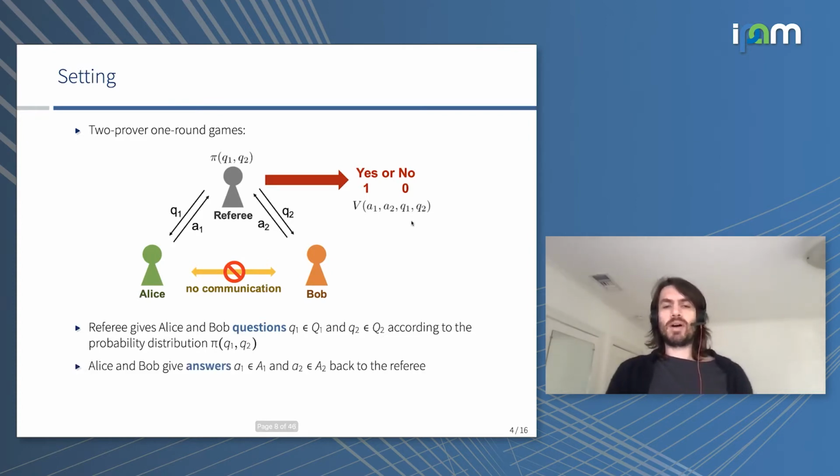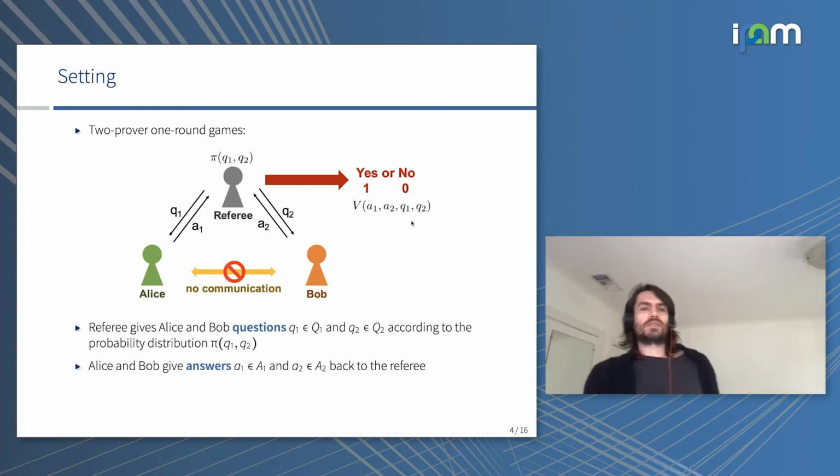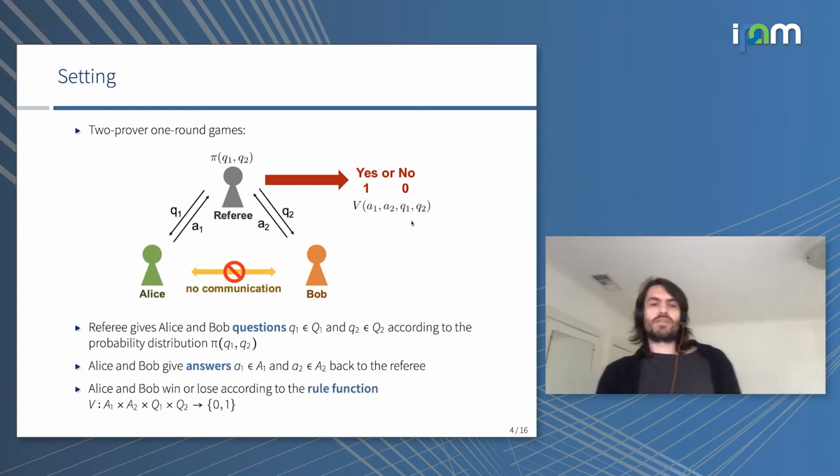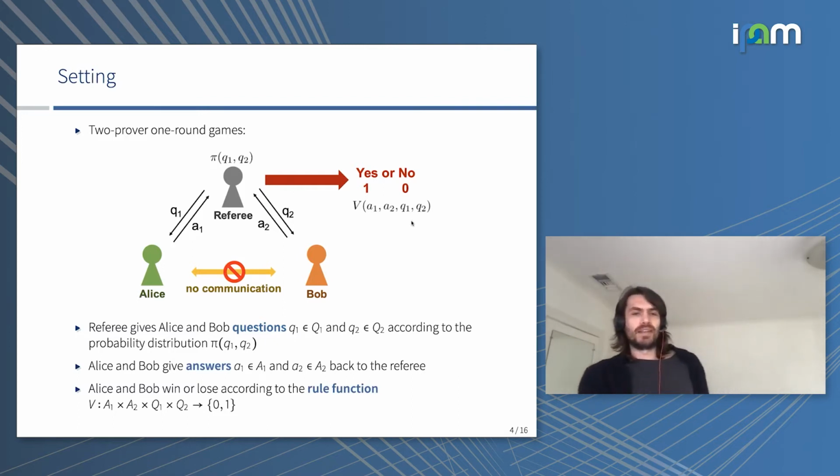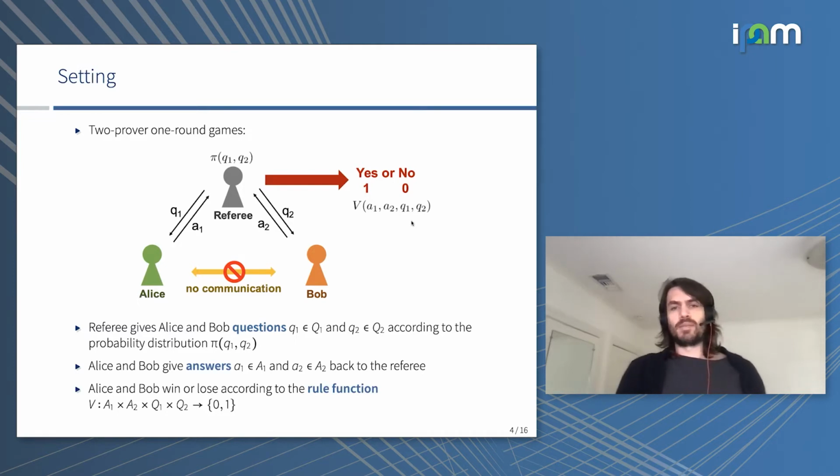Then Alice and Bob have to give answers, let's say A1, A2, back to the referee, and the referee decides according to some rule book. This is just a 0-1 matrix that decides if Alice and Bob gave the correct answer or not. In this setting, the probability distribution with which we choose the questions, as well as the rule book, this matrix V, are fixed.